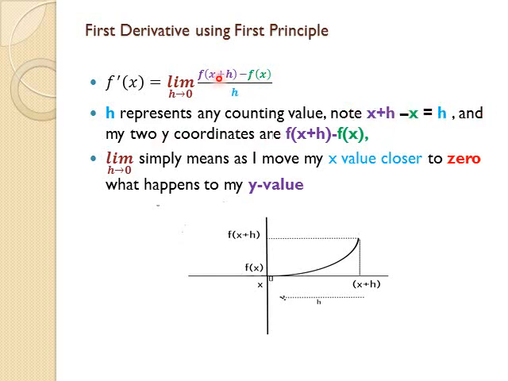My two y coordinates: the bigger one, f(x + h), minus the smaller one, f(x). Limit h tends to 0 simply means as I move my x value closer to 0, what happens to my y value? There's my value of h, x + h minus x, they are distance h apart. And there are my two y values, f(x + h) minus f(x), top minus bottom.